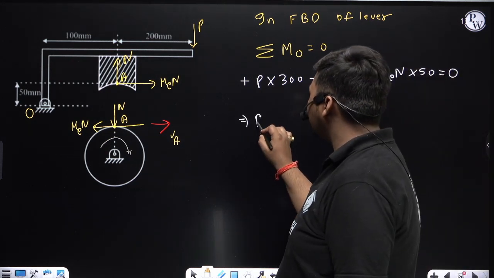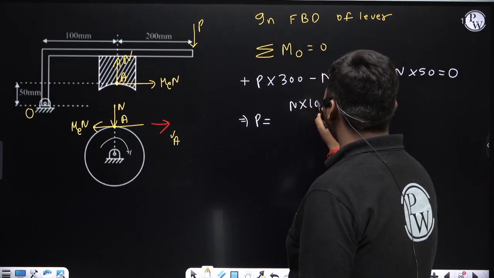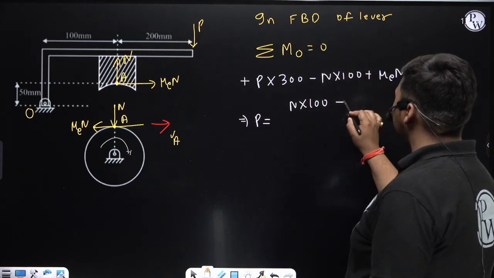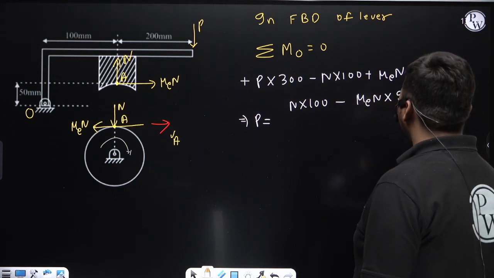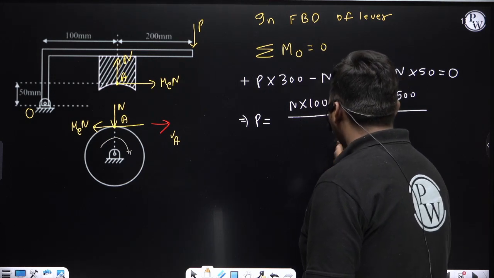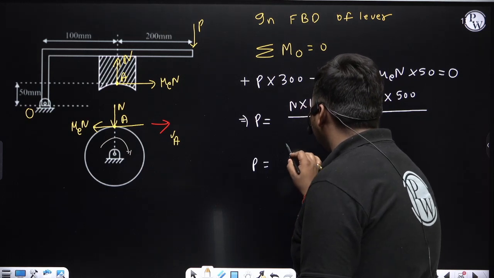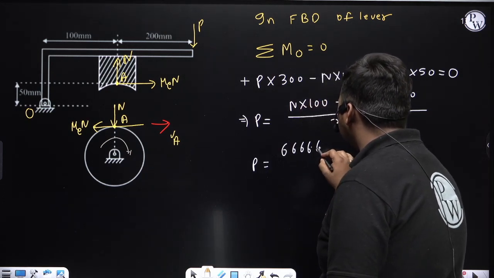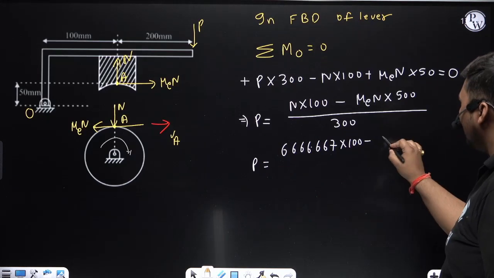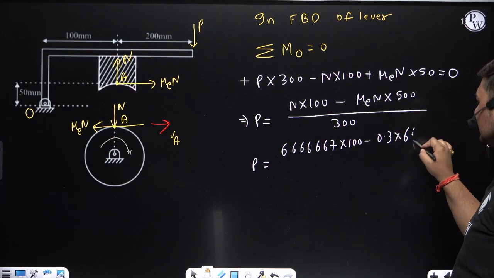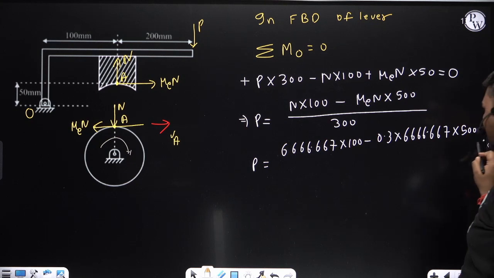From this relation we will get P. The minus will come to this side, so it will become plus N into 100. The plus will come to this side and become minus, so it will be mu equivalent into N into 50 divided by 300. And we have already calculated N. So effort P will be 6666.667 into 100 minus mu equivalent, 0.3, into N, 6666.667, into 50, divided by 300.